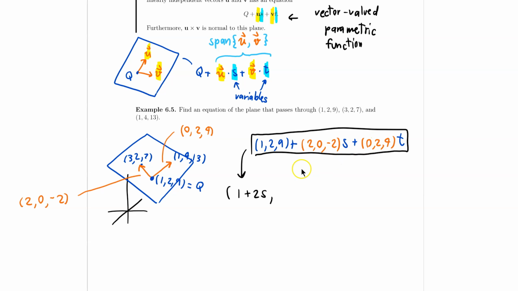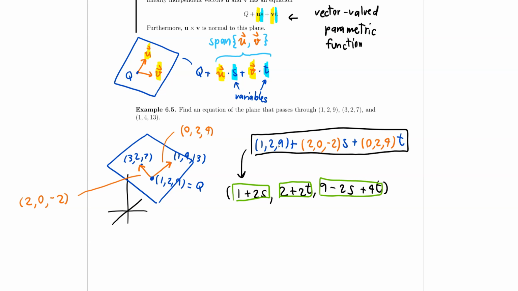The coordinate for y is going to be 2 plus 0s plus 2t, so that's just 2 plus 2t. And the coordinate for my z is going to be 9 minus 2s plus 4t. So these are my coordinates for x, y, and z.